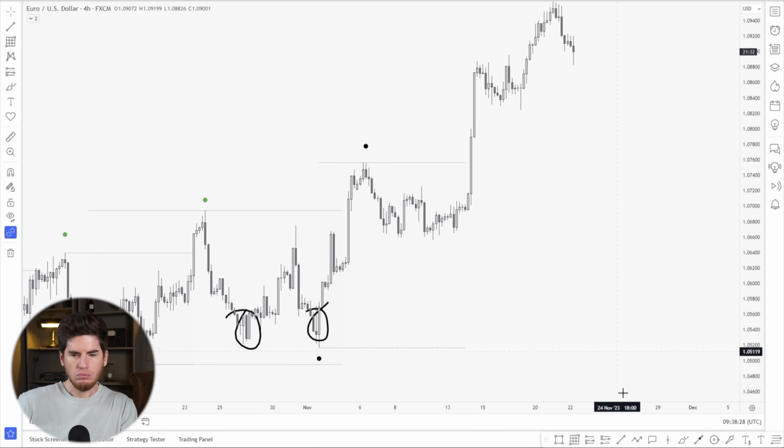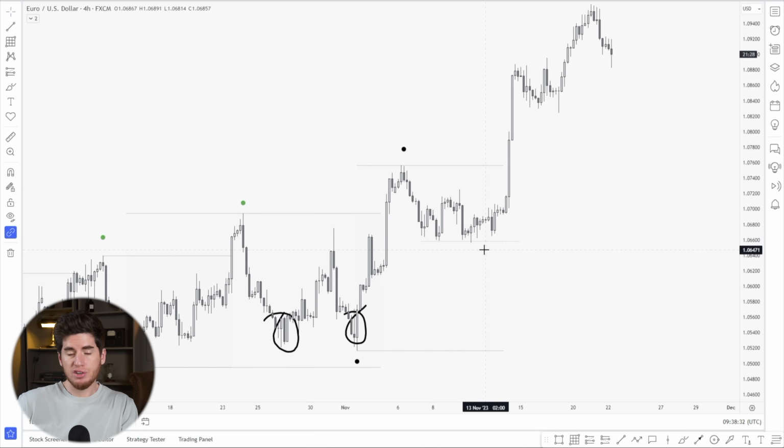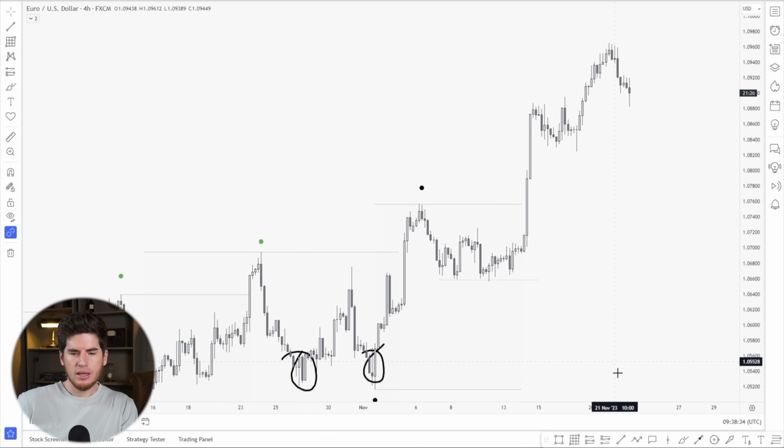Yeah, we can see an exhaustion of liquidity there, exhaustion of price, taking liquidity, sorry, and the lowest point to the highest would be here. New higher low, new higher high.